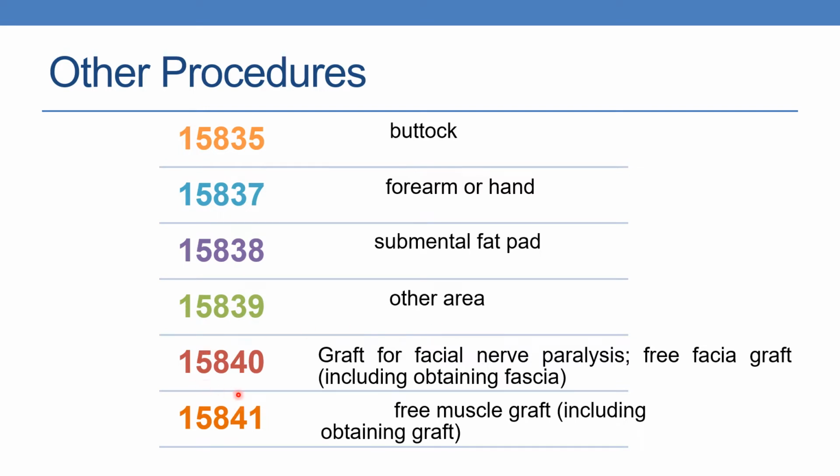The next CPT is 15840, graft for facial nerve paralysis, free fascia graft, including obtaining fascia. The next is 15841, graft for facial nerve paralysis, free muscle graft, including obtaining graft.